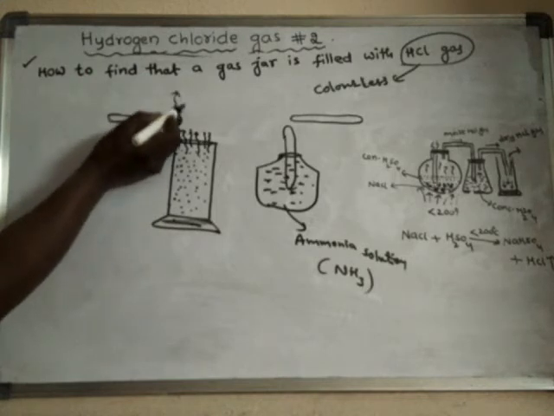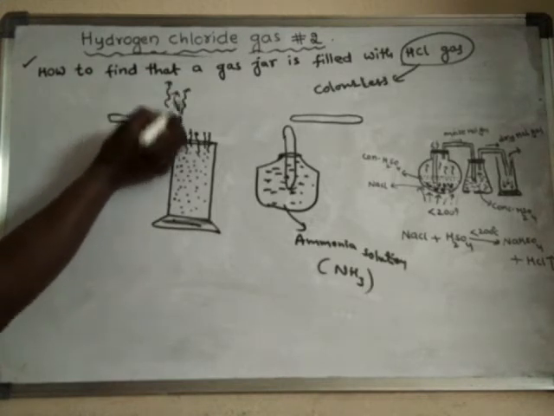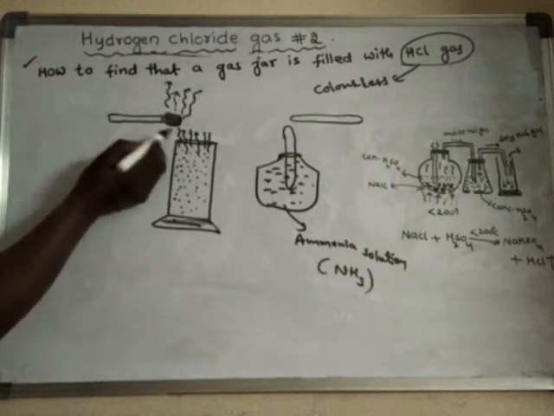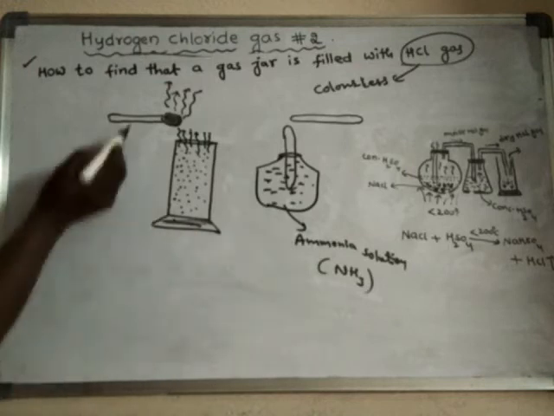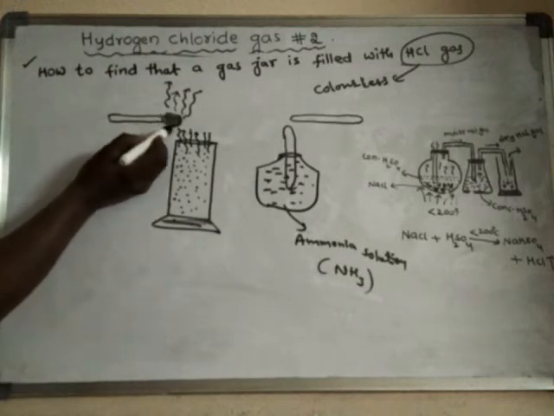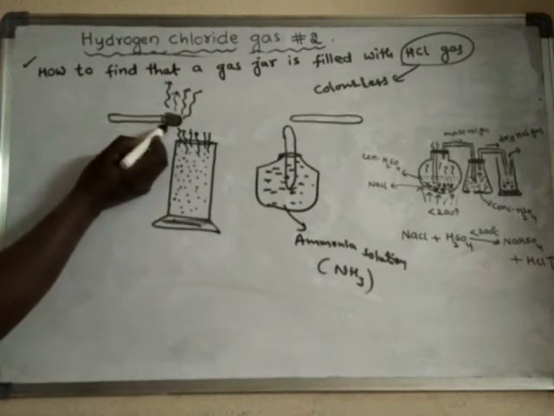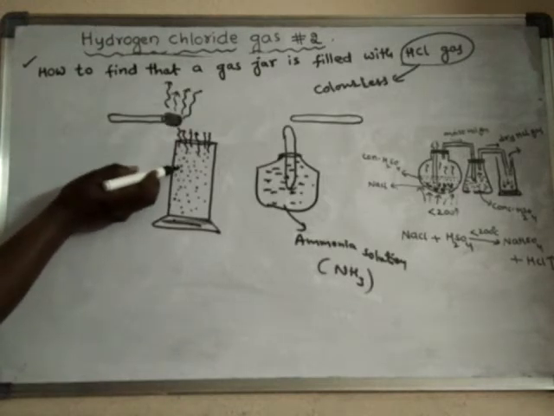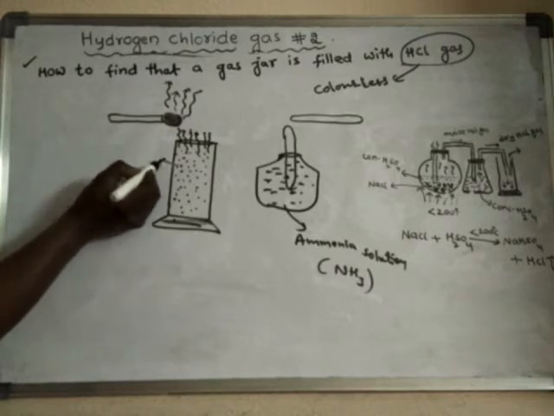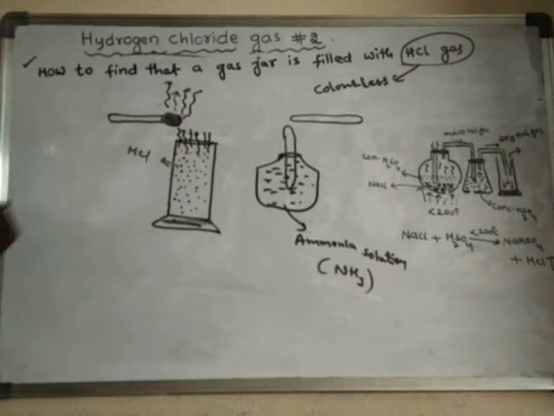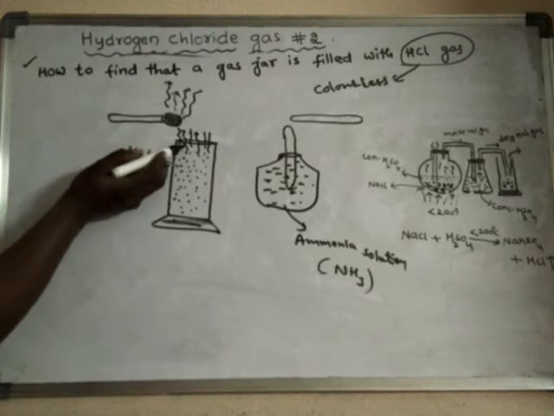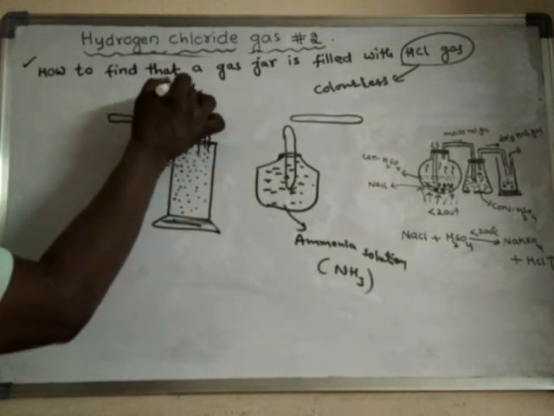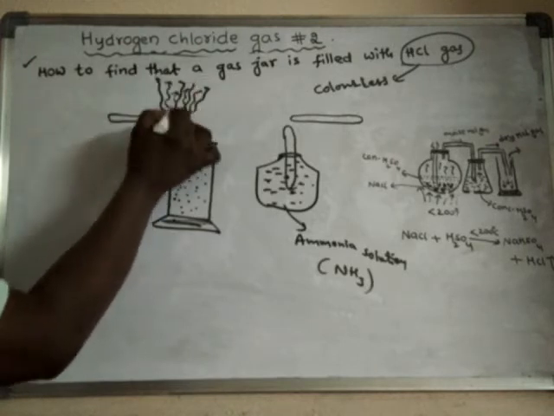You will find dense white fumes. The glass rod is dipped in ammonia solution, so this portion contains ammonia. If the gas is HCl, it will produce very thick white fumes.